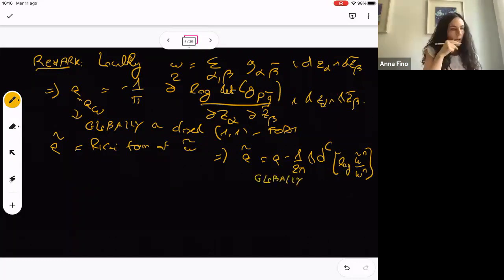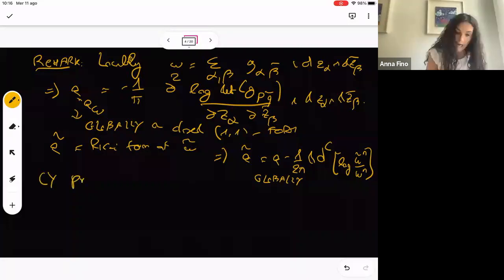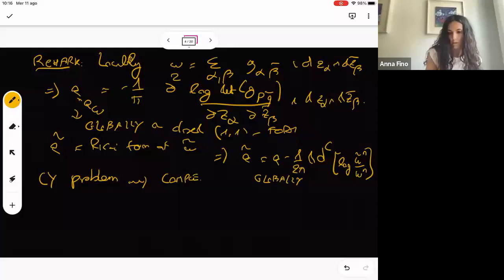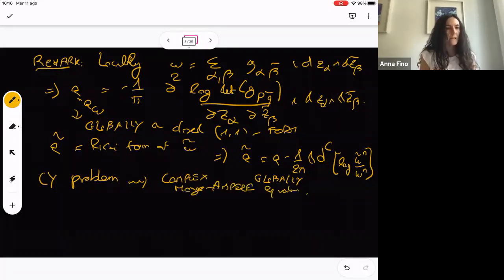Okay, so that's how we now formulate the problem. You reduce the Calabi-Yau problem, you formulate it in terms of a function which solves a complex Monge-Ampère equation that I will write explicitly.